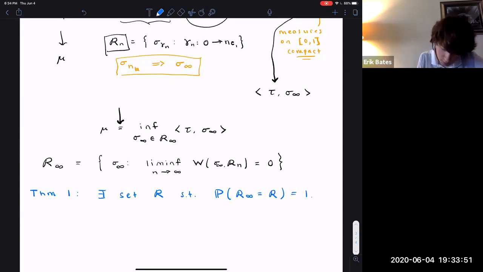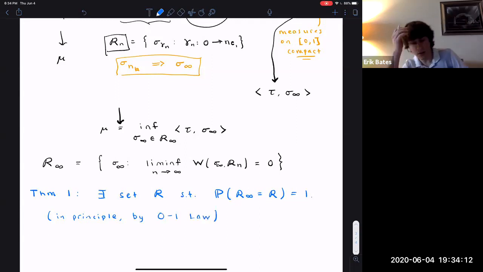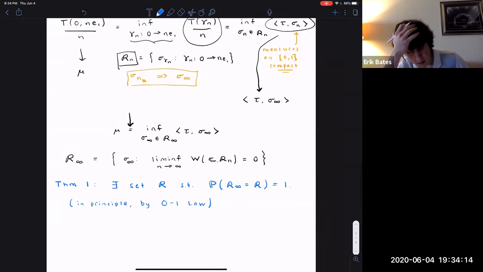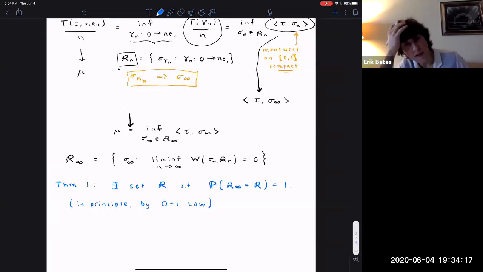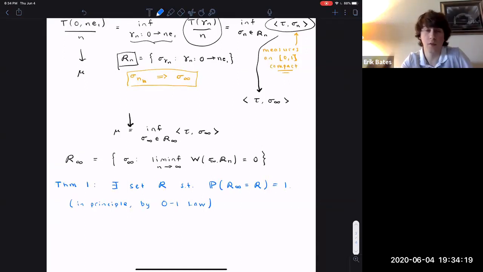And although the technical details are actually quite complicated, in principle this is just a consequence of a 0-1 law, in principle by the Kolmogorov 0-1 law. So you should be convinced pretty easily that the 0-1 law will tell me that for a specific measure, if I pick my favorite finite measure on 0, 1, then with probability either 0 or 1, that measure will belong to this R infinity set.